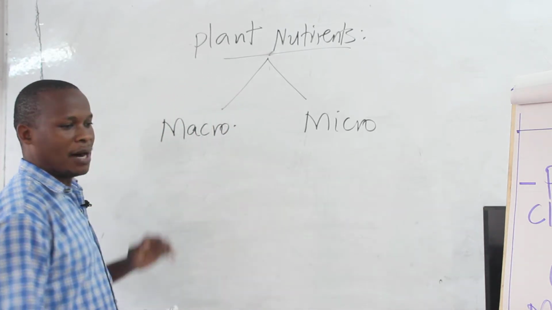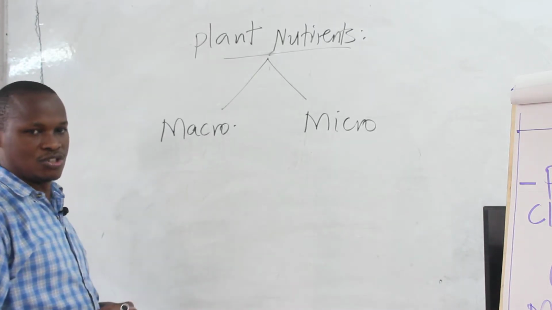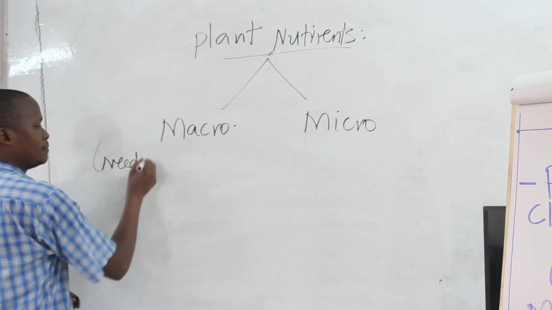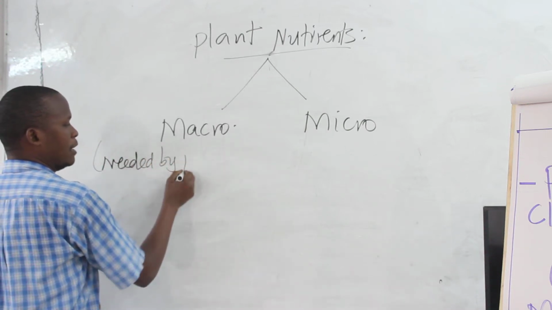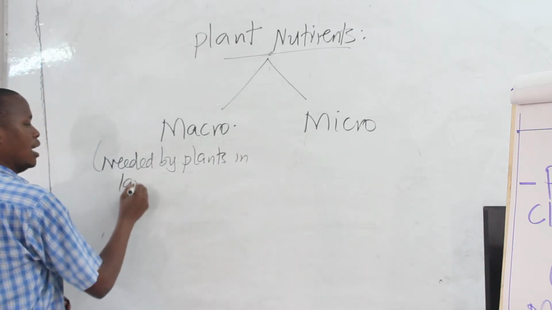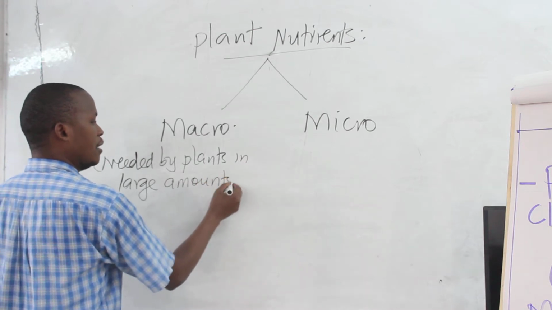What are the macronutrients? These are the major plant nutrients and they are needed by plants in large amounts or large quantities.